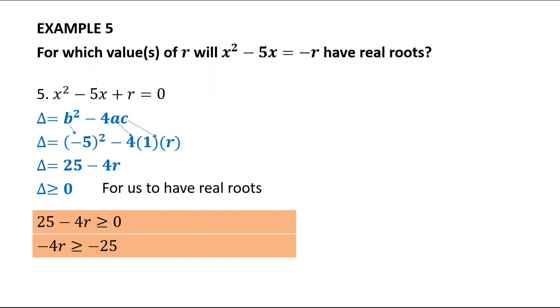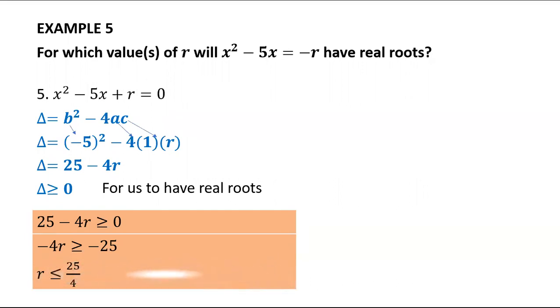To solve for r, I'll have to divide both sides by -4, and the inequality sign will change direction. It was greater or equal to, and it'll change to r being less or equal to 25/4. So r will have to be less or equal to 25/4 for us to have a solution that is real. We good?